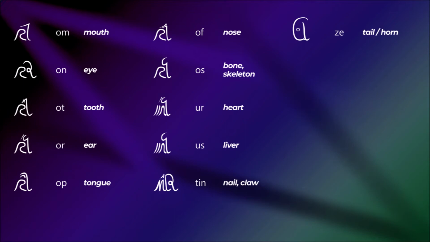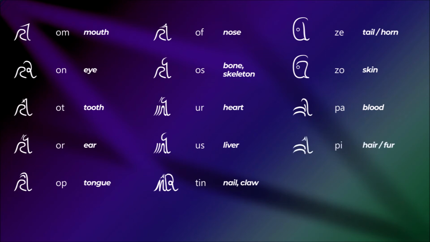If you connect this word to ayum, the head, then you get ze ayum, a horn, or also deer antlers. If you connect it to the lower body, then ze ium is a tail. Then, so, skin. Ba, blood. Ba can also mean sap in plants and trees.